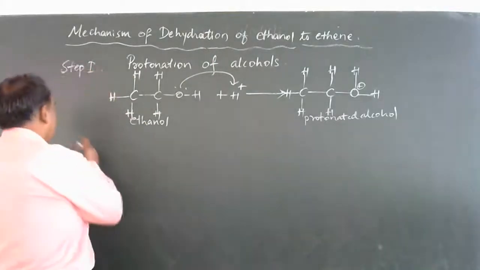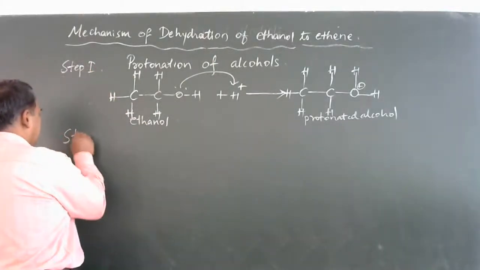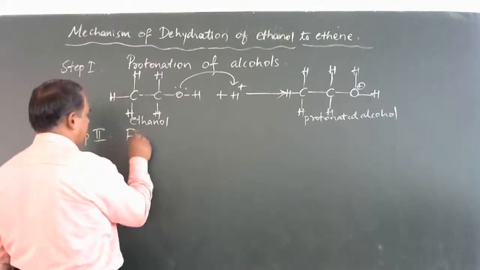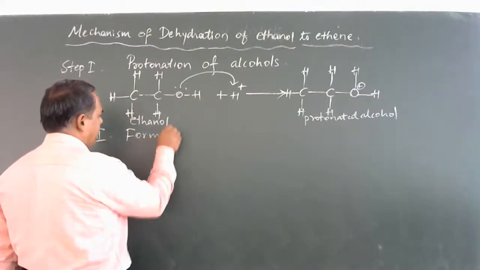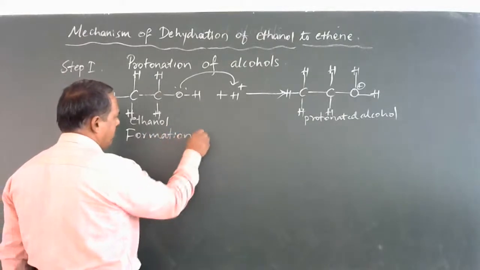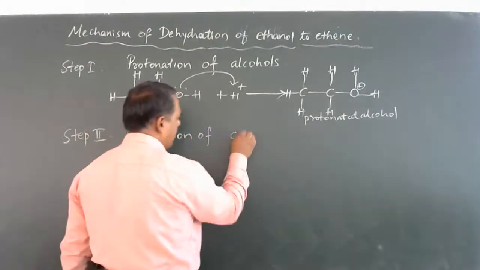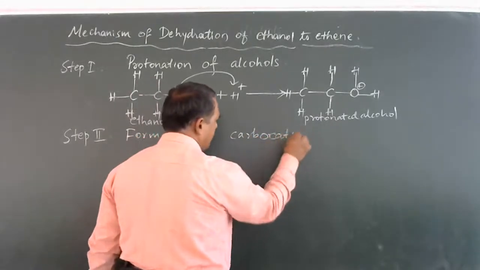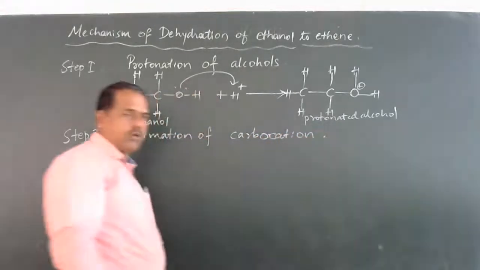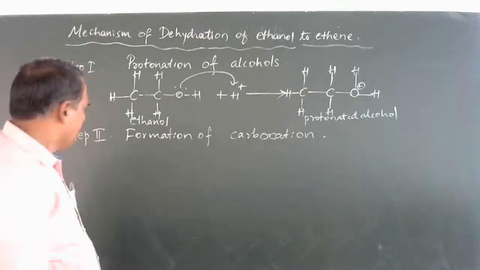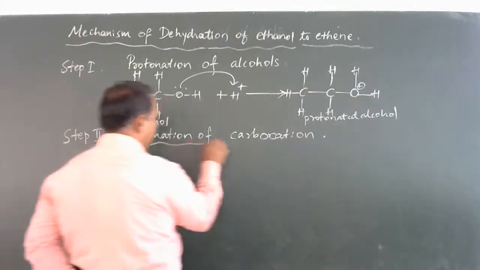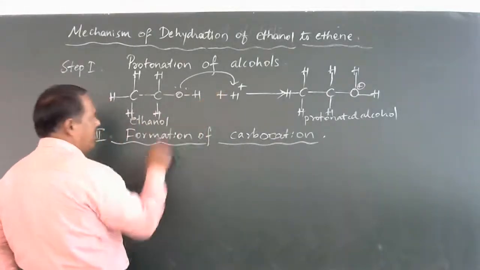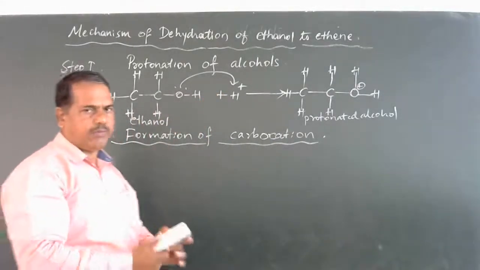Okay. Then step 2: formation of carbocation. Are you clear? What is the second step? Formation of carbocation. See, in a mechanism it is very easy.